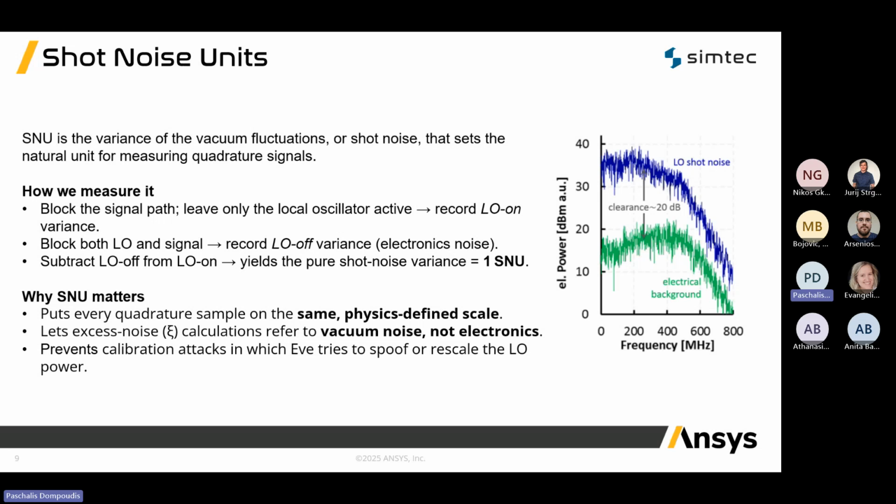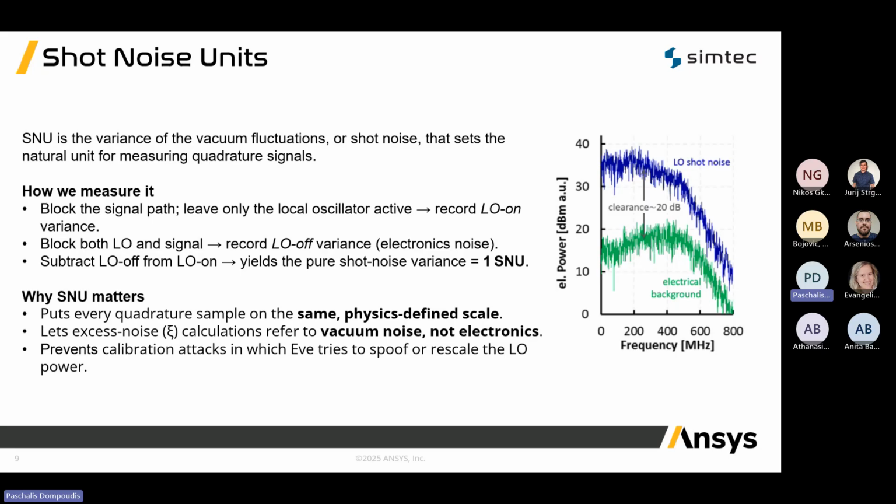The way we measure it is in 3 steps. Step 1 is that we have both the signal and the local oscillator beams blocked. We will see the example in Interconnect later. We have both beams blocked, and we record what the detector electronics alone contribute. So that's our electronics noise.